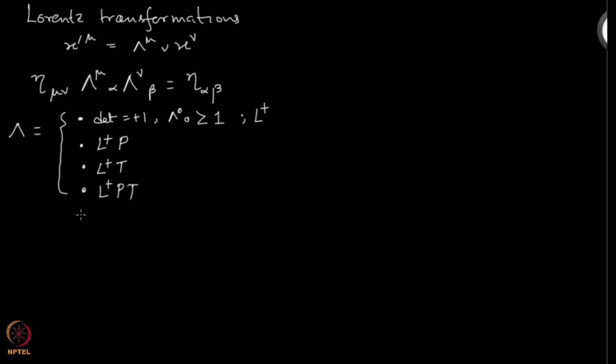So these are 4 categories in which you can classify the matrices lambda, and the one here is the one which is continuously connected to the identity matrix. Identity corresponds to no transformation at all. Now what I want to do is look at infinitesimal transformations near identity.